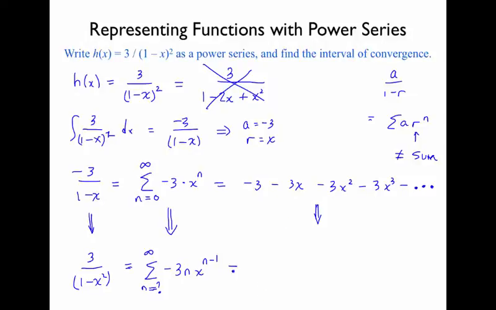Now let's do it term by term. What's our derivative here? 0 minus 3 minus 6x minus 9x squared. Let's do one more. It'd be minus 12x cubed.